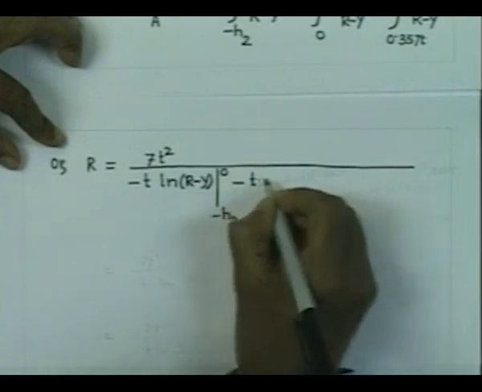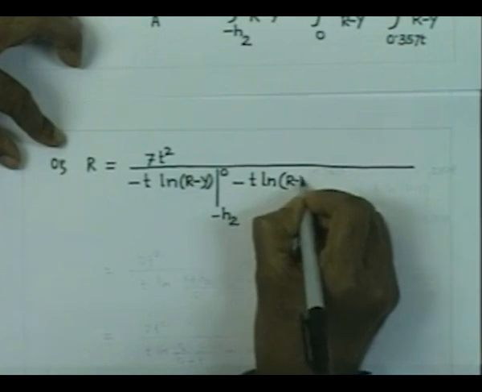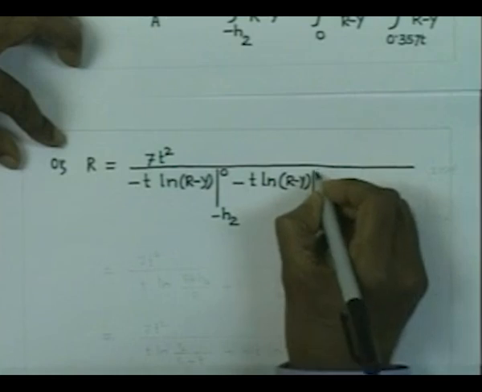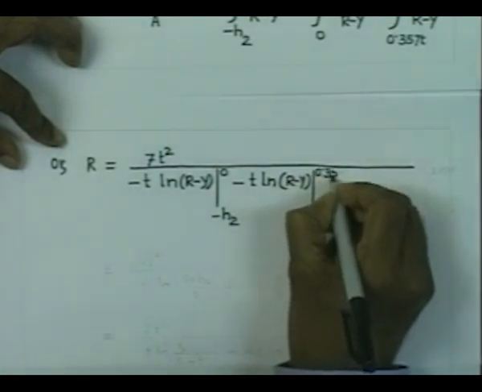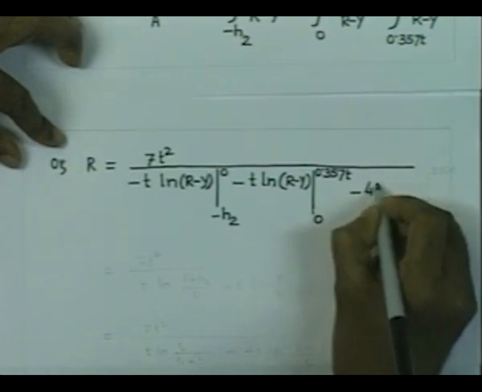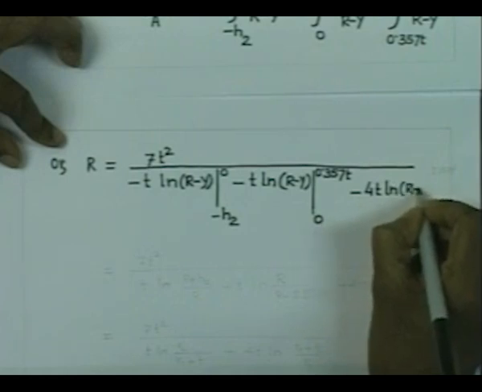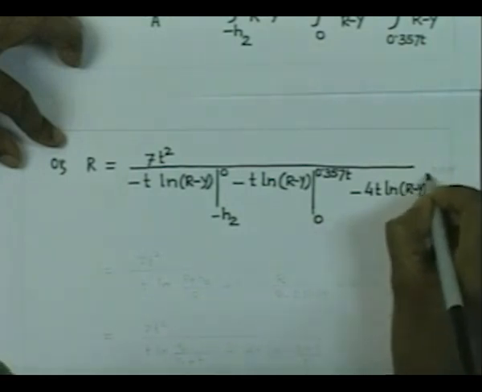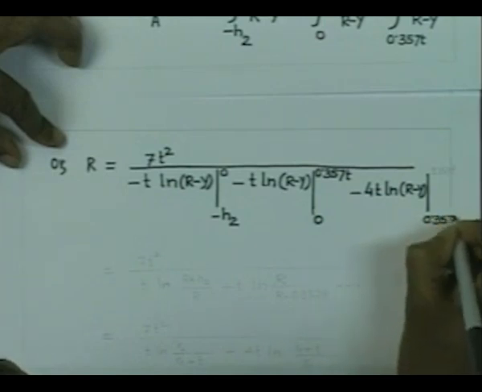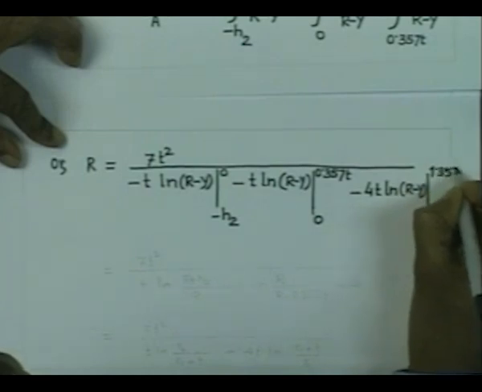Second integral is minus T ln again R minus y, 0 to 0.357 T, minus 4T ln r minus y, and the limits are 0.357 T to 1.357 T.